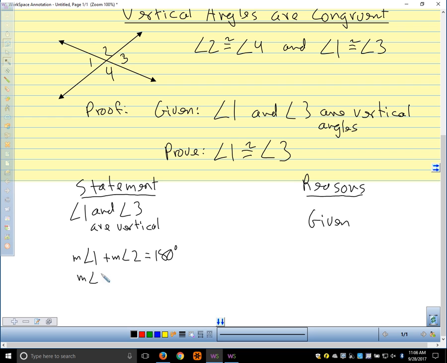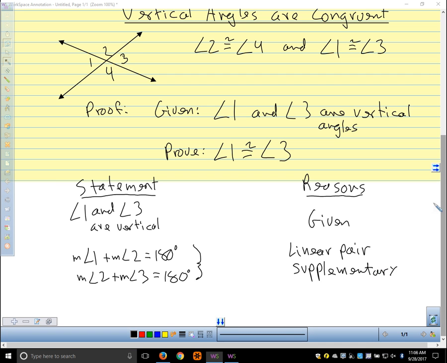And the measure of angle 2 plus the measure of angle 3 equals 180. And for a reason for that, we said linear pair, or we said supplementary. I think either of those would be okay.